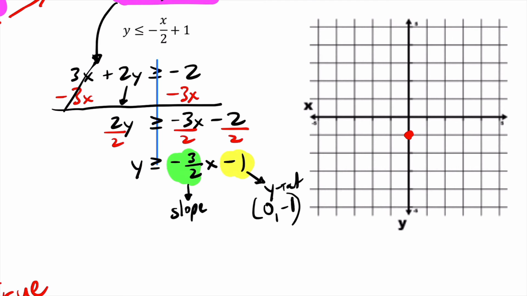Then you go down 3. So we go down 1, 2, 3. And then 2 is positive then, so you go to the right 2. I can't fit another dot on there, so I'm done. I can't go down 3 anymore because then I'm off the graph.